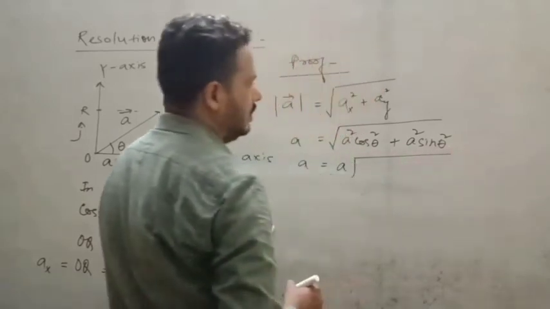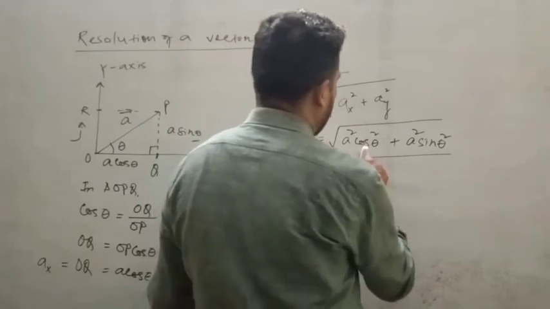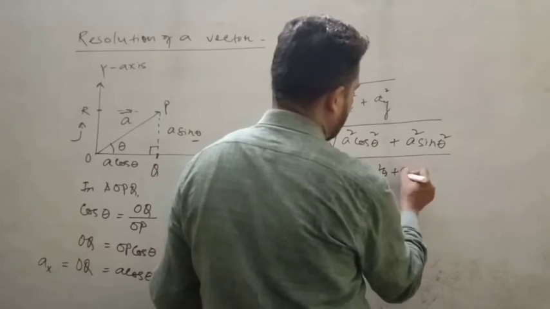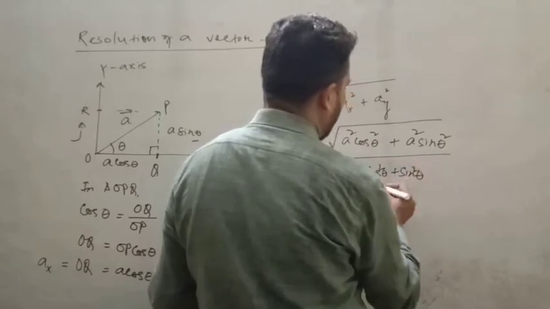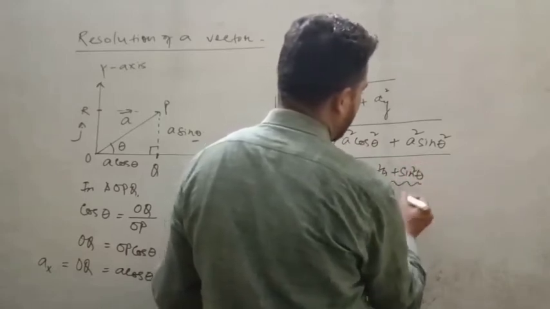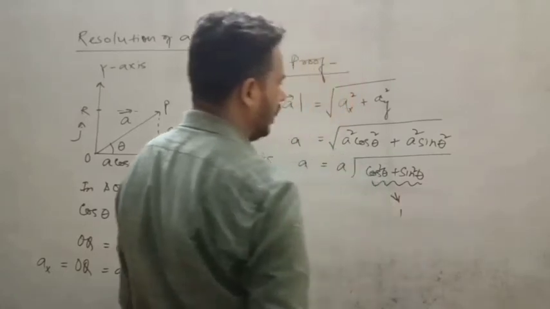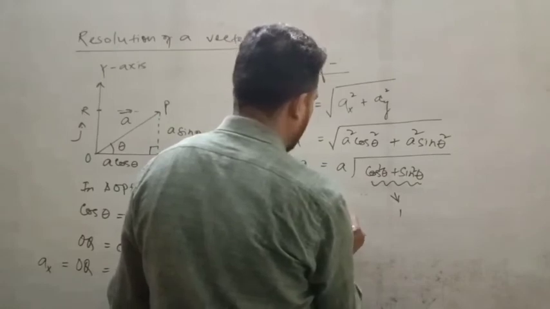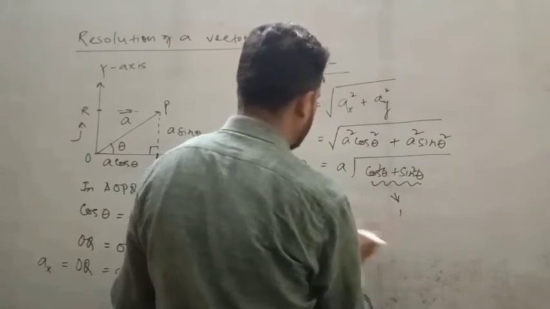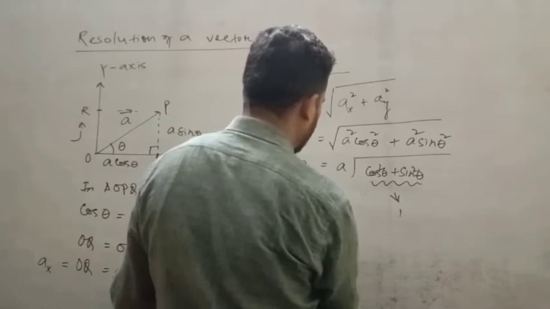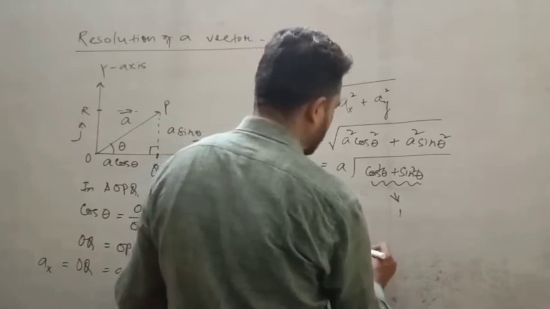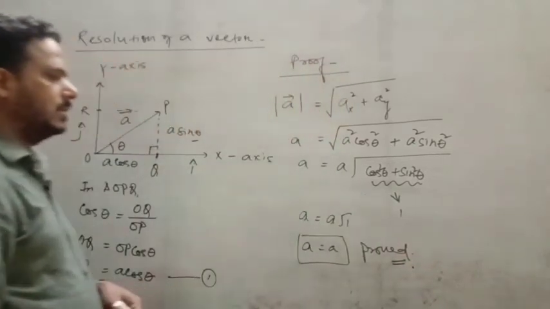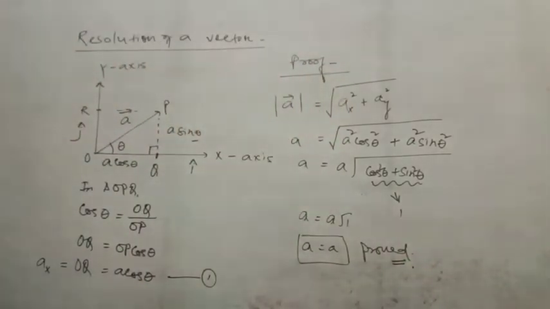Now inside the root you will get cos square theta plus sin square theta, and you know that the combination of sin square theta plus cos square theta is 1, that means root 1. So ultimately you will get a into root 1, and root 1 is 1 again, so a is equal to a, hence proved. So this one you have got, so you have proved it. Alright. Okay.